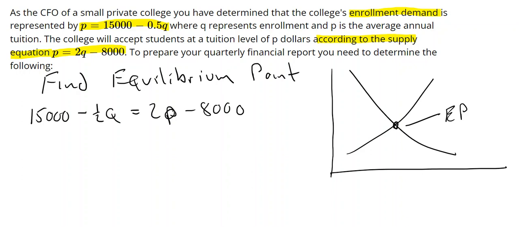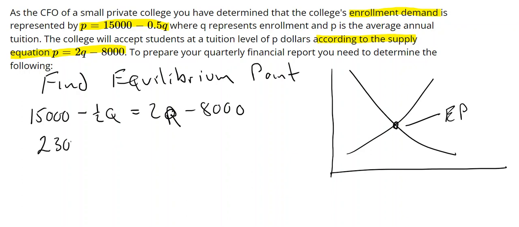This is Q. So actually, rather, we are solving for Q. So this is going to be giving us the equilibrium quantity, or the number of students in this particular problem. The equilibrium quantity would be the enrollment, or number of students at equilibrium. So anyway, we can do this by adding 8,000 over to the left-hand side.